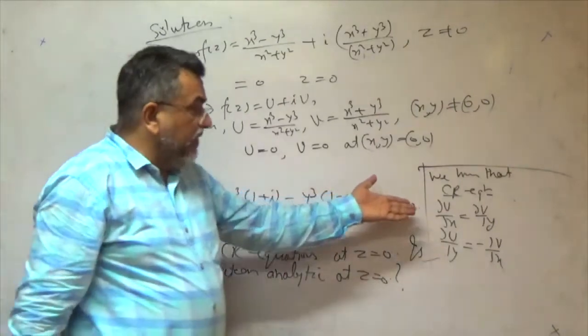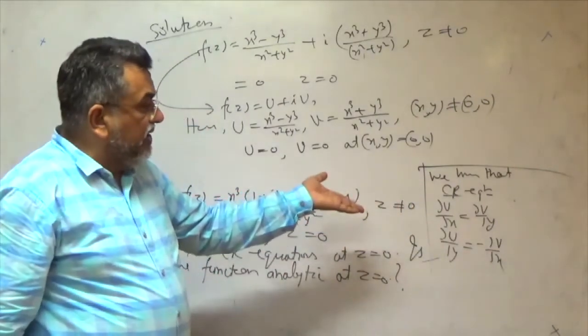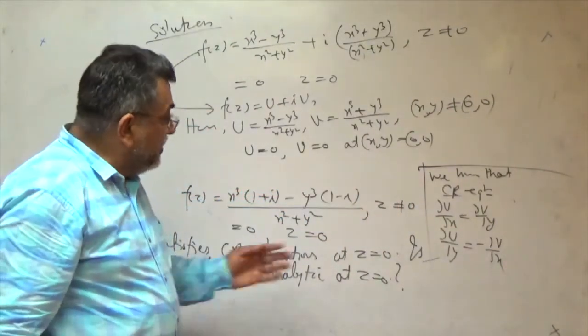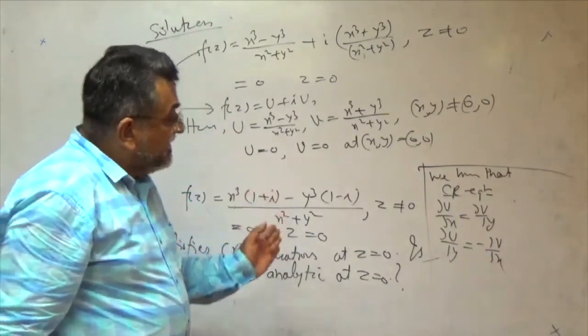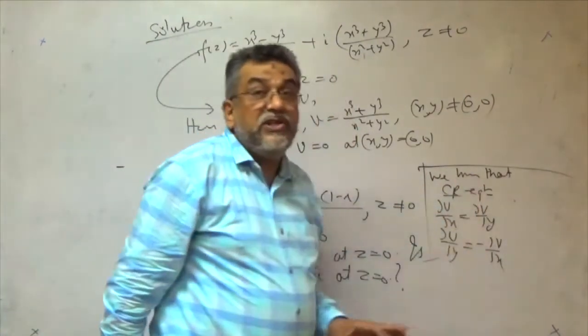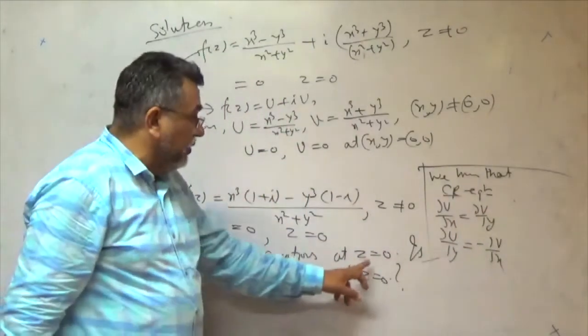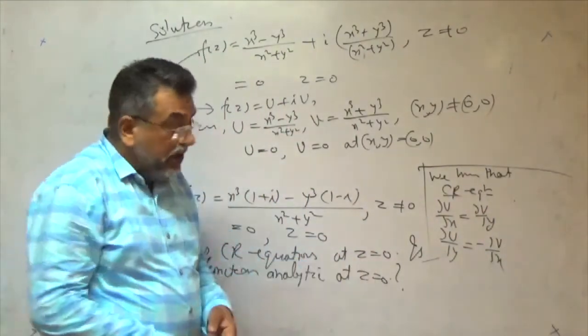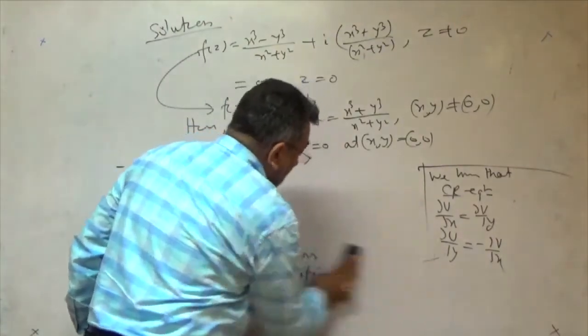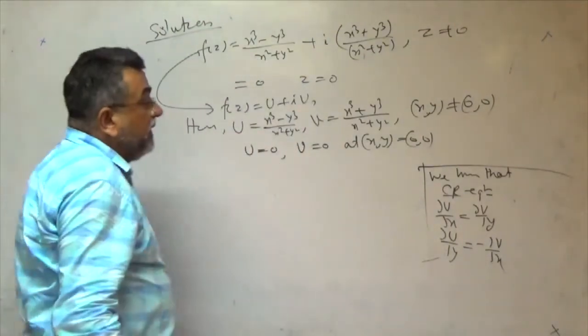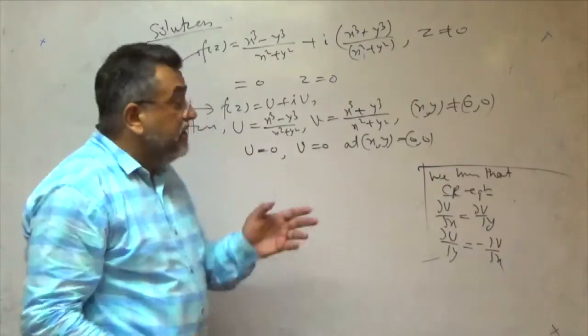These are the CR equations of any function in Cartesian form. So first you have to show whether this function satisfies these CR equations at the origin, not generally. So at the origin, we have to calculate the partial derivatives of u and v with respect to x and y at the point 0, 0.